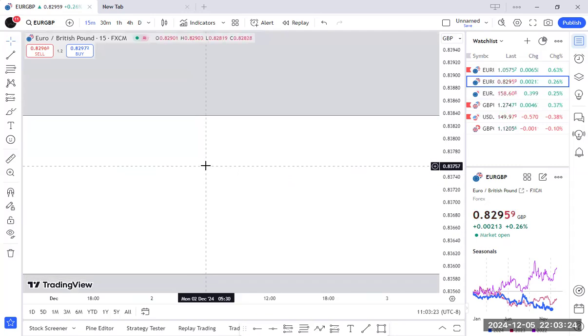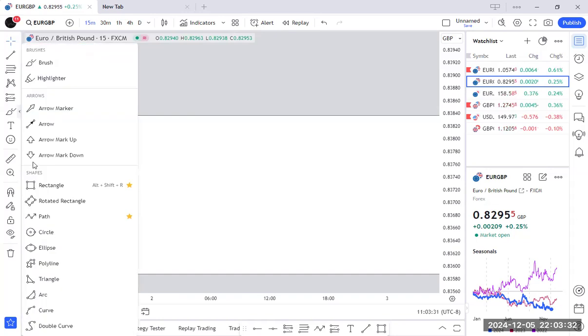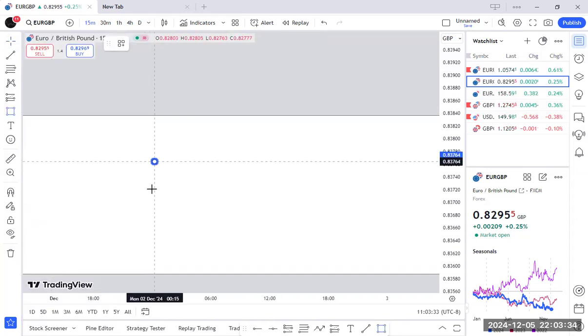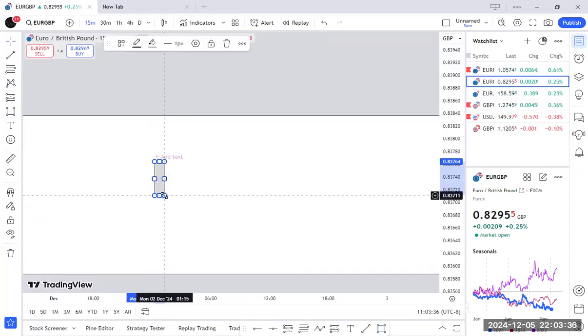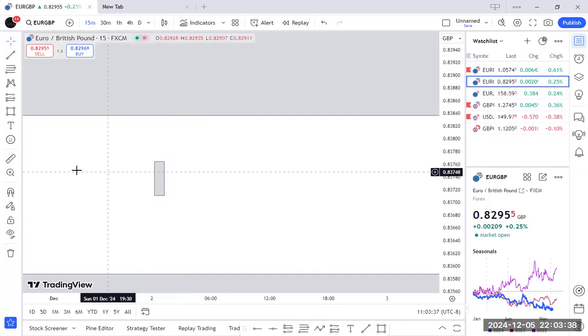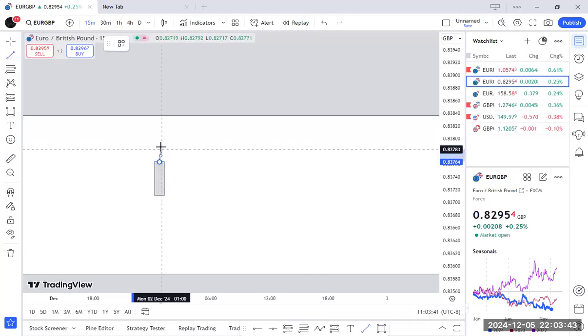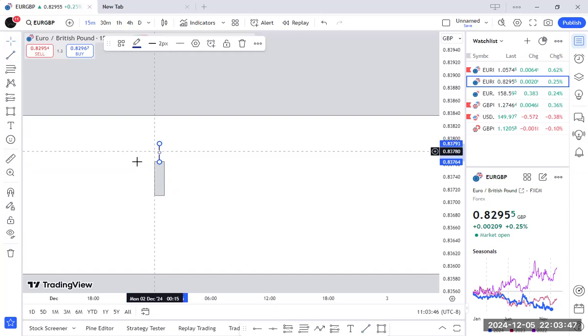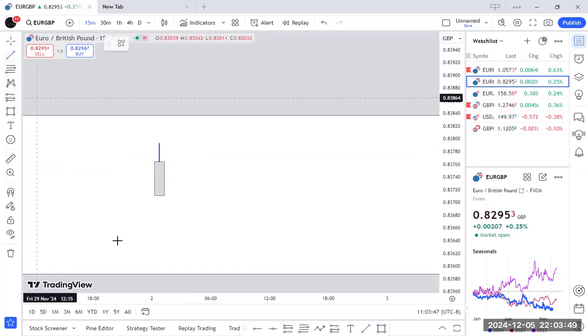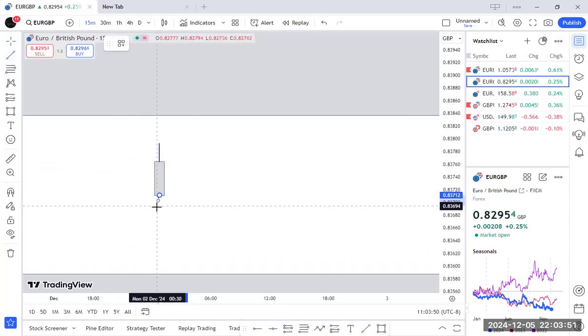First of all, I'm going to explain how you can identify and read these candlesticks. Let me use a triangle form. Let's say this is the body of a candlestick, and this is the wick of a candlestick. Candlesticks always have some wicks on them.